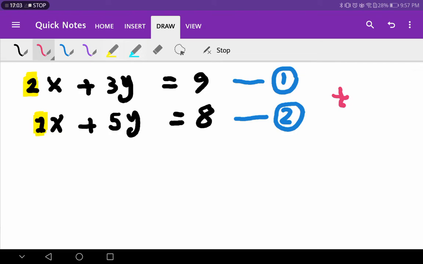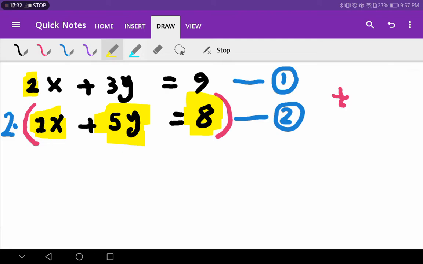So multiply the whole equation number 2, all the terms in equation number 2, by 2. So I have to multiply 2 by 1x, and 2 by 5y, and 2 by 8. Don't miss any term, or you will be in trouble.